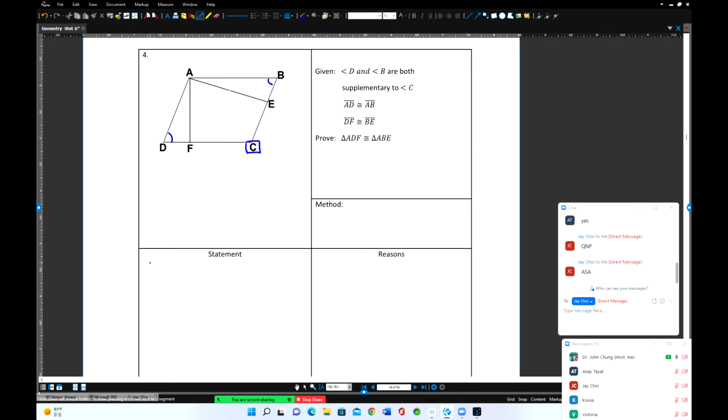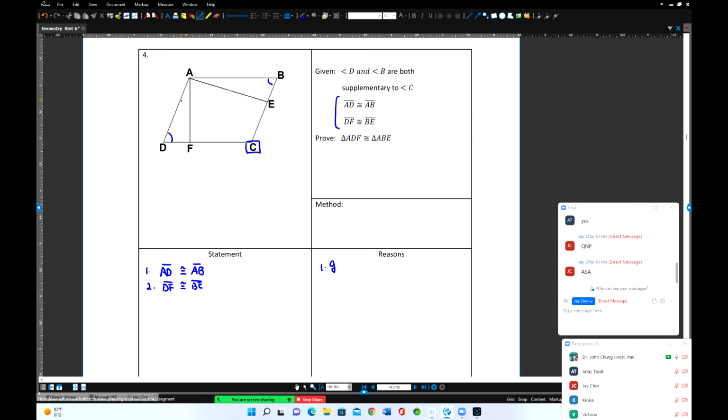I'm going to write this one, angle D and angle B, separately. AD is congruent to AB. That's the given. The second one is also given: line segment DF is congruent to BE.